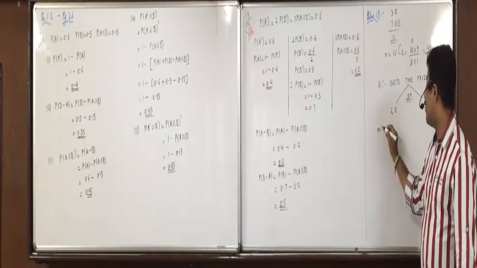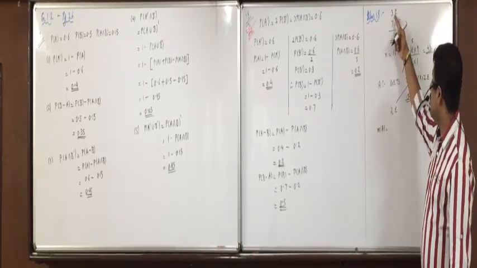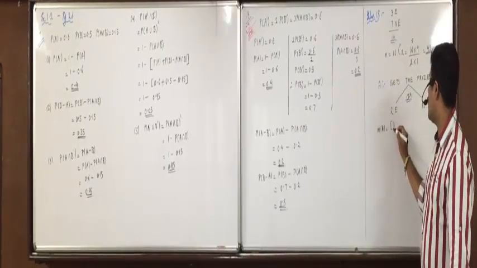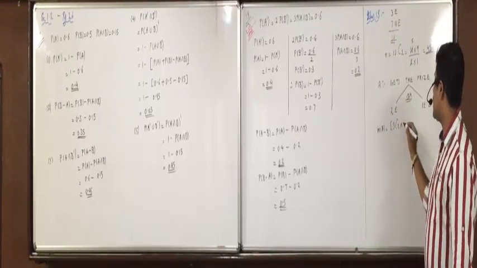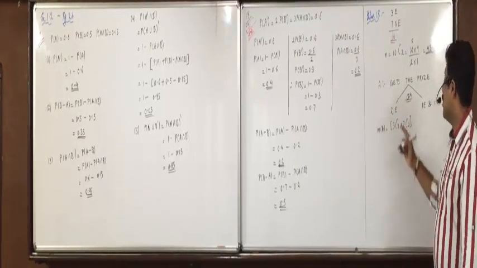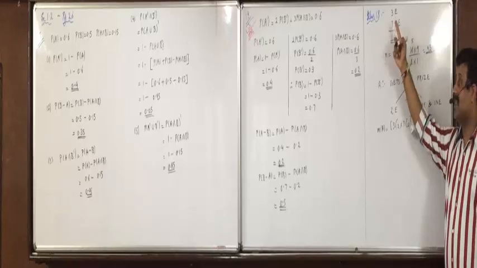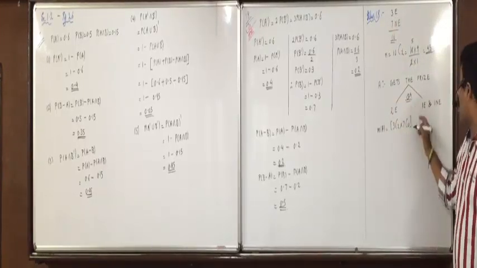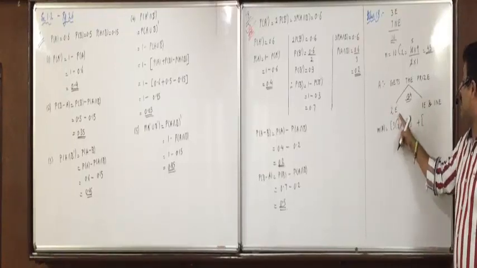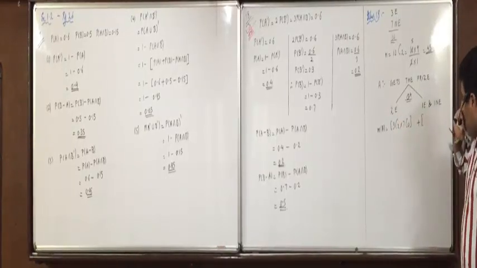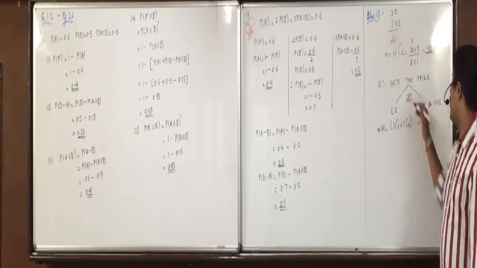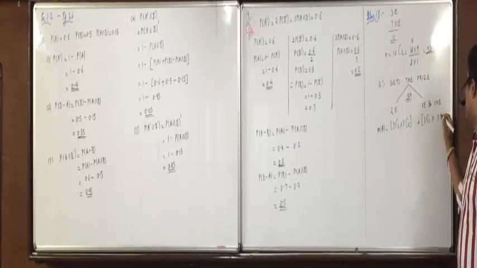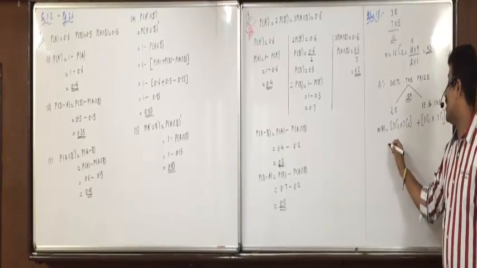So how will you find m of event A? Both the chits eligible for prize means 3C2 into 7C0. Both the chits eligible for prize means none of the not eligible chits are selected. So 7C0. Or means plus, and means into. One chit eligible for prize, and means multiplication, one not eligible for prize, 7C1.